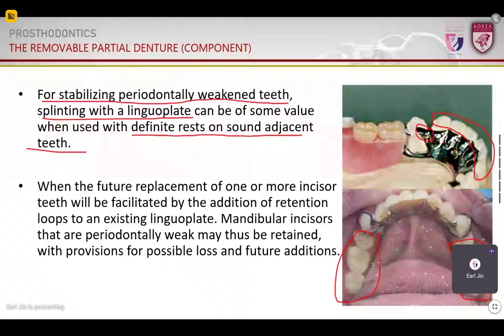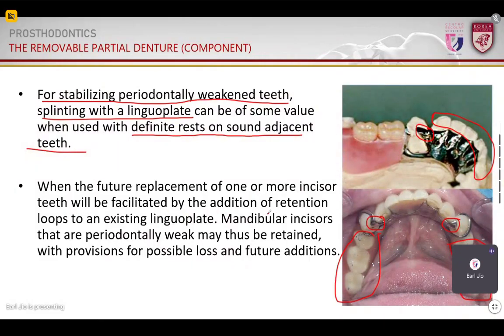So anytime we place lingual plating all around our remaining natural teeth, we should have a terminal occlusal rest. Later on, we'll discuss this further in the designing of RPD cases.